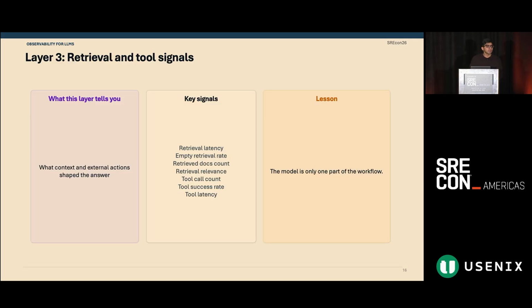Often a model can be blamed for a bad output. However, the bad output could be due to empty retrievals, with no appropriate documents being fetched.